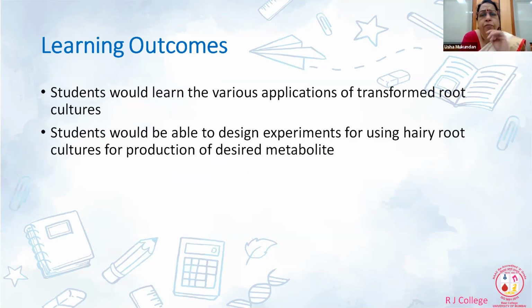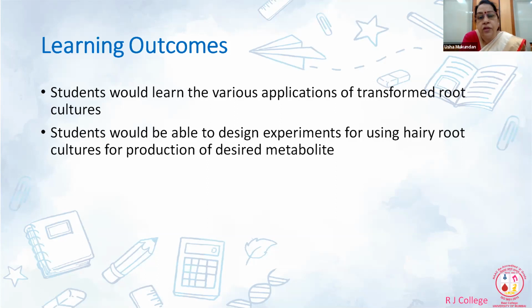A large number of plants have been transformed using the Agrobacterium rhizogenes system. However, at the end of this chapter, you can also look up the literature, see which plants have root-derived fine chemicals or which plants are economically important in terms of the roots that they produce, and how you can design an experiment to carry out certain studies.